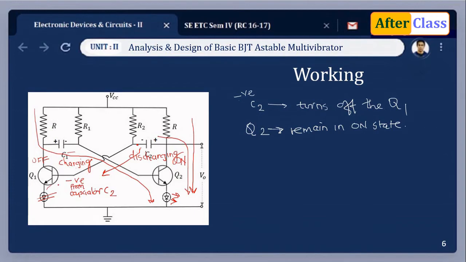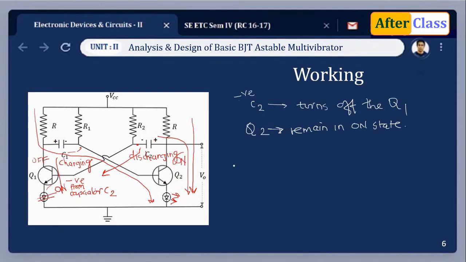So the moment this transistor again goes into on state, this capacitor C1 starts to discharge, and this process is continuous and it produces rectangular waves at the collector of each transistor. We have to make a note here, the charging time is very less as compared to the discharging time.